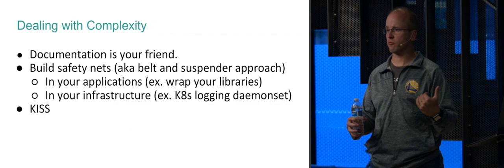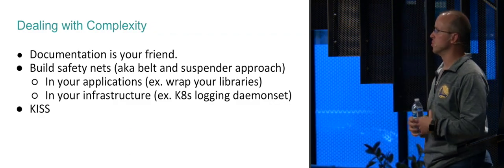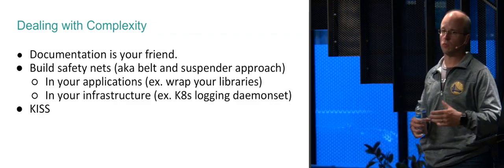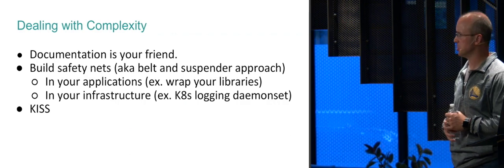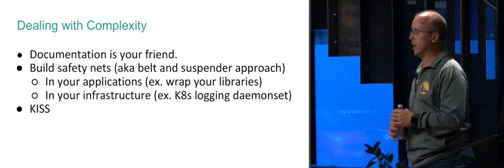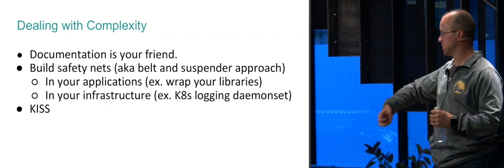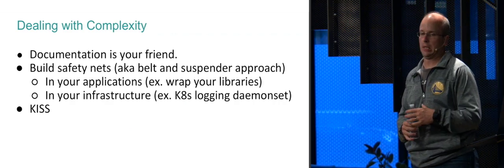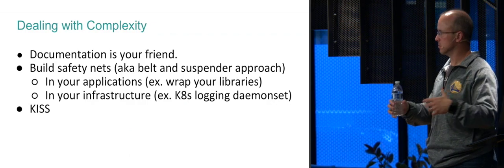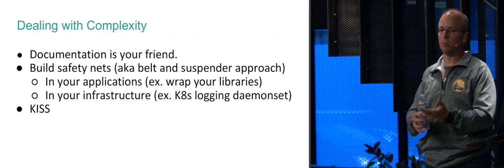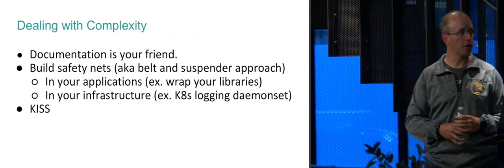Similarly, do it at the infrastructure level. If you're running Kubernetes, get a daemon set running out in your Kubernetes infrastructure. It just grabs all your logs. If you're in AWS, dump everything to S3 and be sucking that back out. Whatever your infrastructure is, build a safety net underneath.